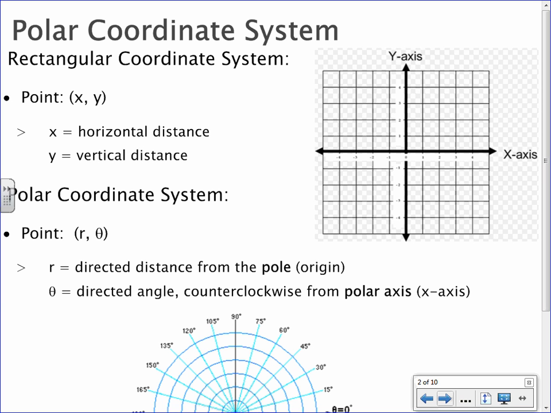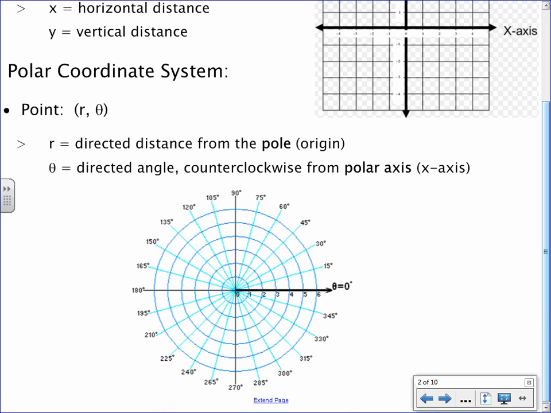Now, just like with a lot of things that we do in math, sometimes a different method is better. So in this situation, we're going to learn a different way of graphing equations and coordinates that could be more efficient in certain situations.